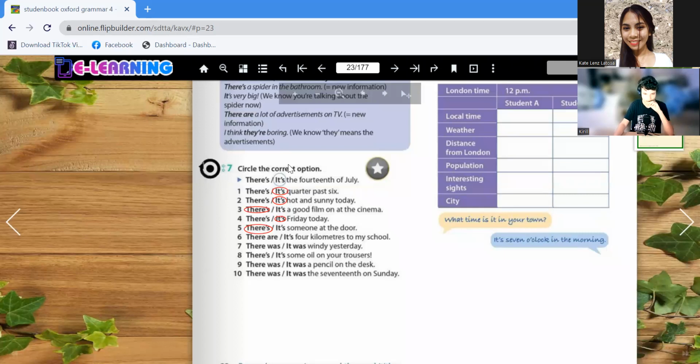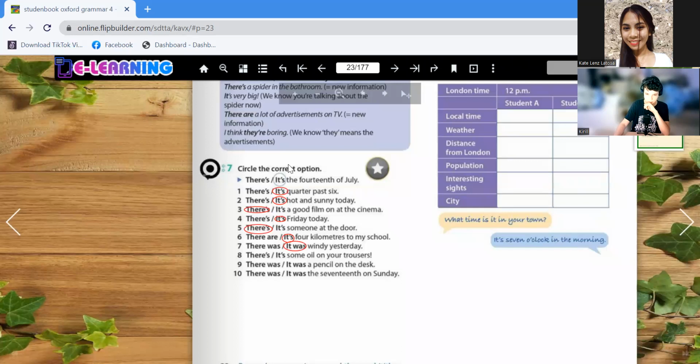Number 6, there are or it is 4 kilometers to my school. It is, because this is about distance. There was or it was windy yesterday. It is about weather, so it is. There's or it's some oil on your trousers.